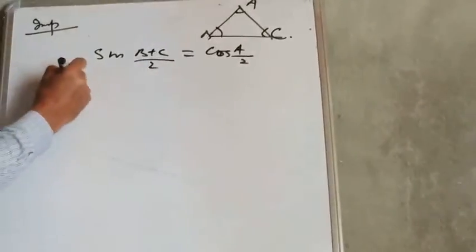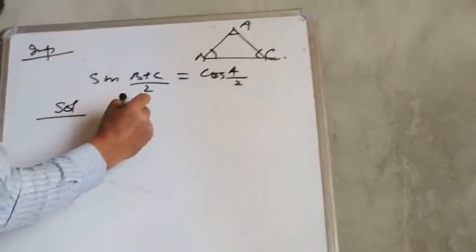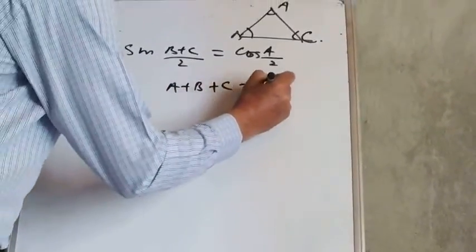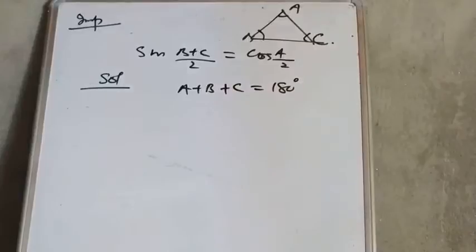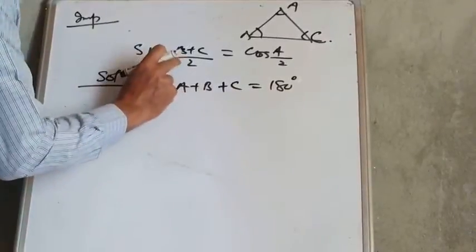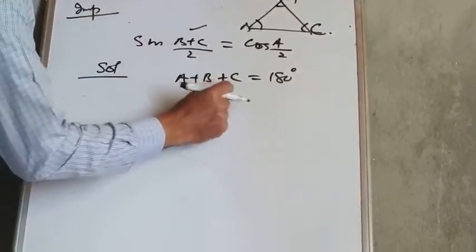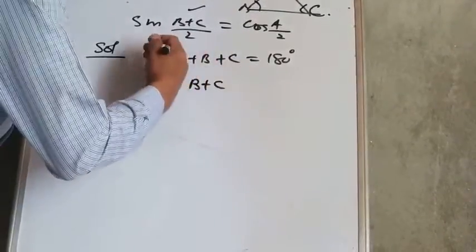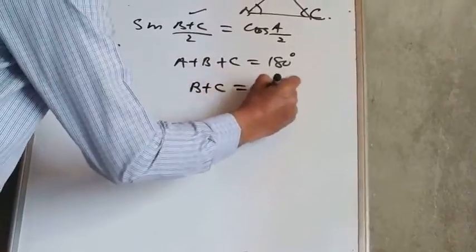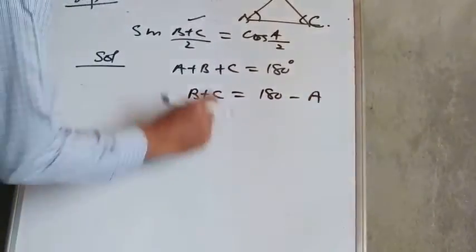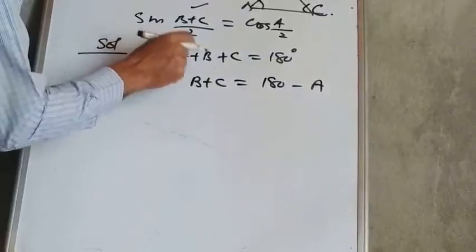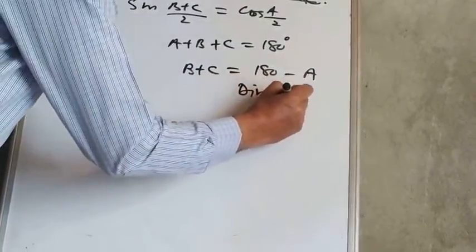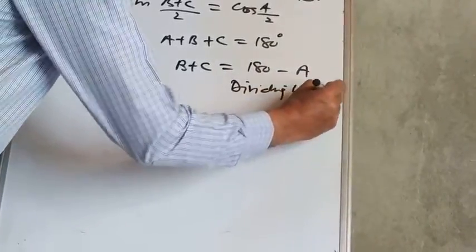Now, solution. We know that angle A plus angle B plus angle C is equal to 180 by the angle sum property. Now see here, we have to prove that B plus C by 2. Now you should leave this B plus C on the left hand side and transfer this A to the right hand side. This is 180 minus A. Now this has been divided by 2. You can divide both sides by 2.